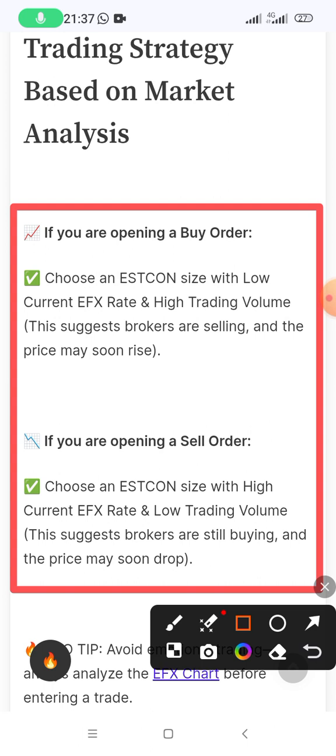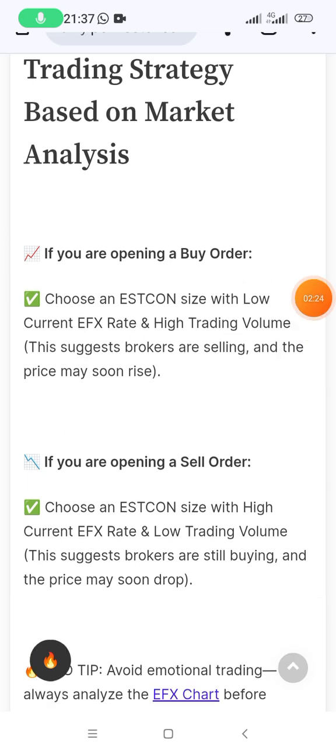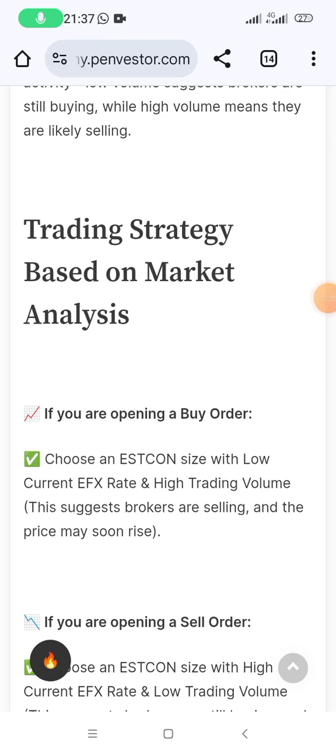This is just the rule. Buy order comes with low EFX rate and high trading volume. Sell order comes with high EFX rate and low trading volume. That's just it. So I'm going to go back so that we do our analysis well.